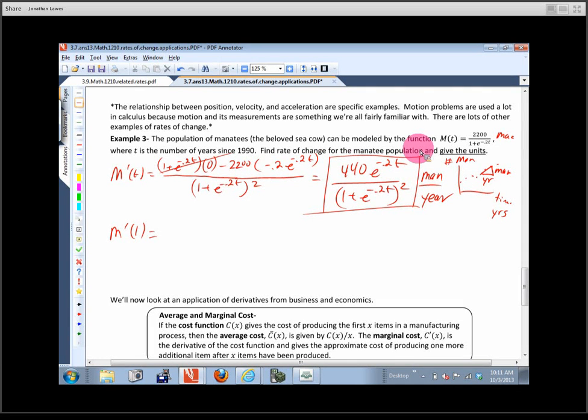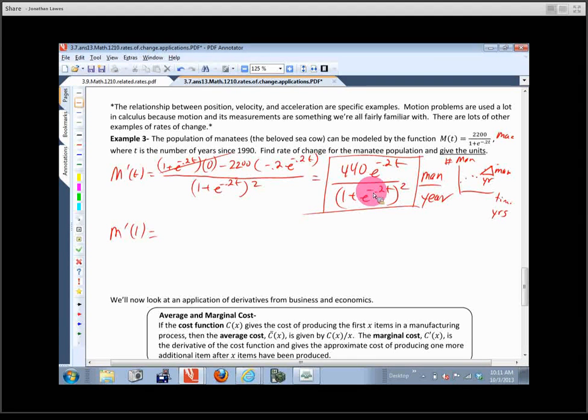Exponentials are always positive, as long as we haven't slid them up or down. So this is a positive quantity times a positive quantity. This derivative, this rate of change, is always positive. Might be a big number sometimes, might be a small number sometimes, but it is always positive.